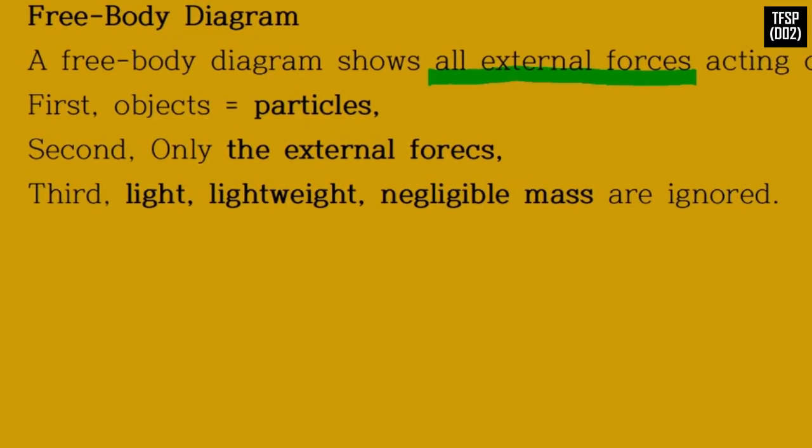First, we assume that the object behaves as a particle, so that we need not worry about rotational motion. Second, when we apply Newton's first or second law to an object, we are interested only in the external forces acting on the object because internal forces do not affect its motion.